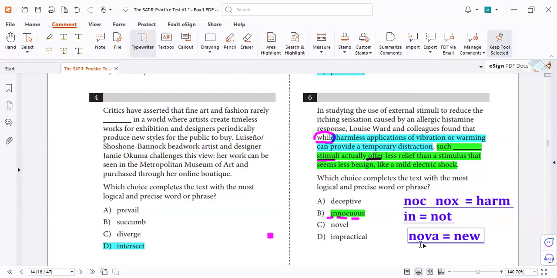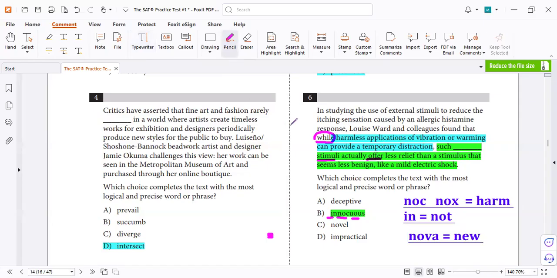You found it? So here, are we saying that the stimuli are new? No. He said harmless warming can provide temporary distraction, but for innoxious, it's actually over.